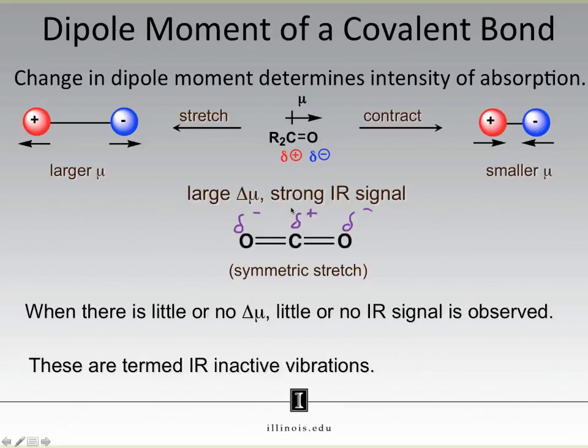Therefore, because we would see little, or in this case, no change in dipole moment, we would not see an IR signal. This type of stretch is what we call IR inactive. Does that mean carbon dioxide does not appear in an IR spectrum? It turns out we do see carbon dioxide in an IR spectrum, and here's why.